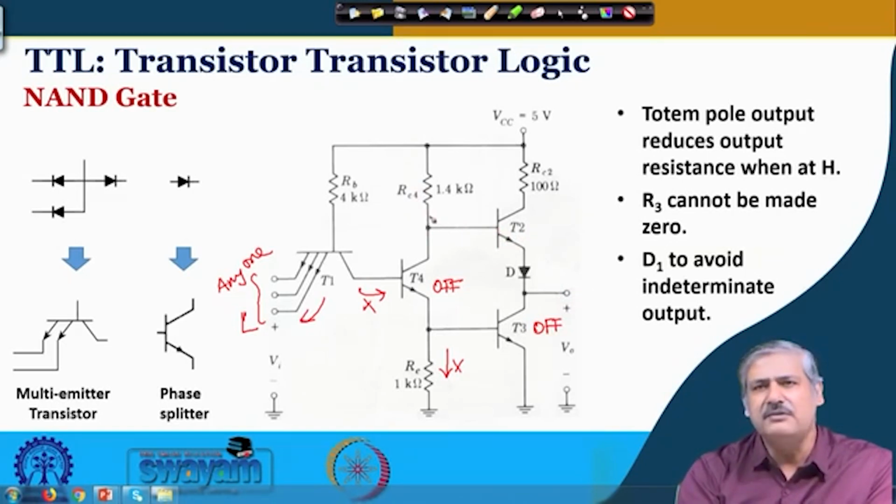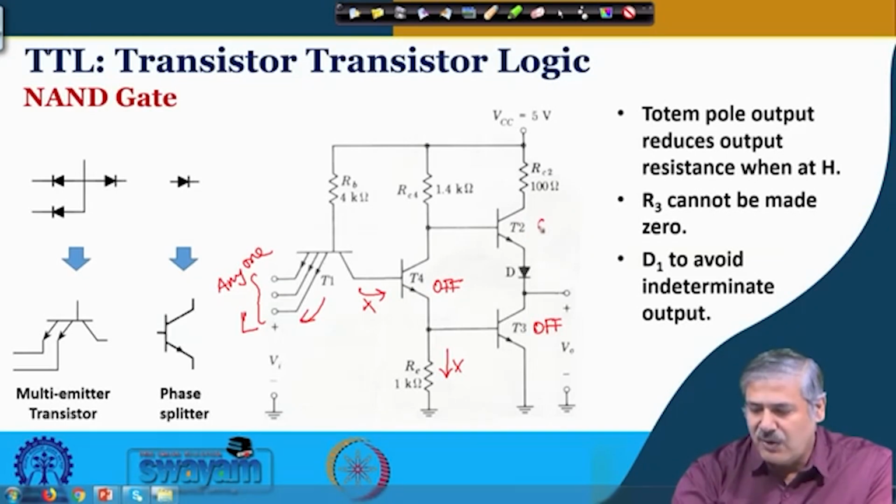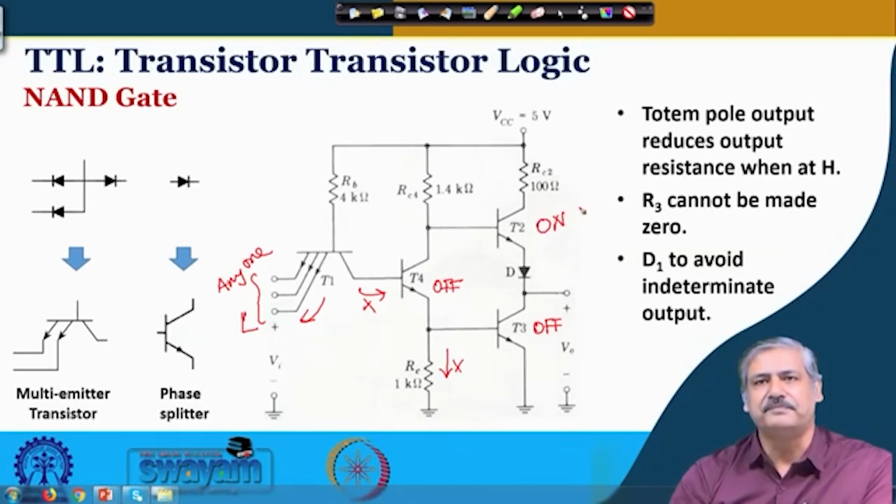That is a base current, so a relatively small current will be there. So, that drop will be very small, and that way this voltage over here will be sufficiently high. That sufficiently high voltage will make this transistor on. So, this transistor will be on at that time.